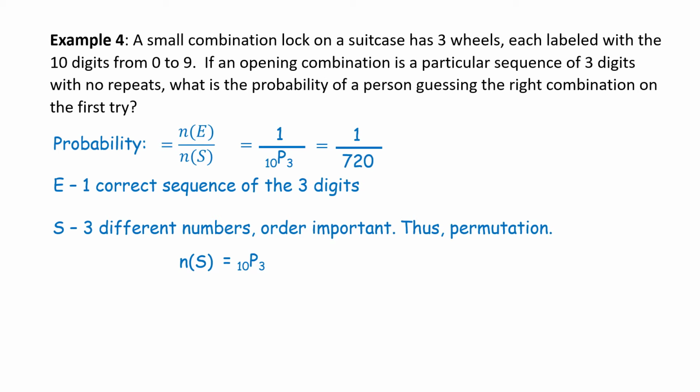So the probability is 1 in 720. You can also give a decimal approximation, which would be roughly 0.0013888889. You can express this as 0.14%.